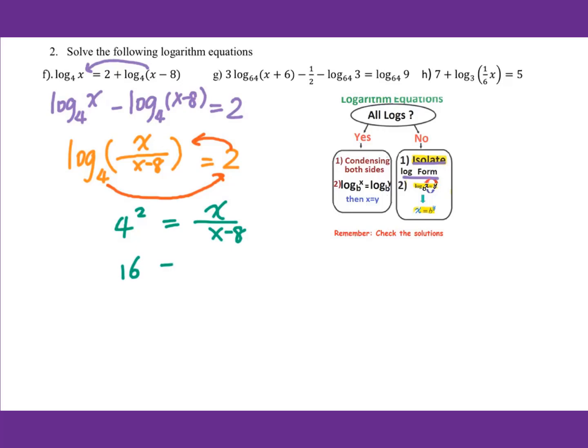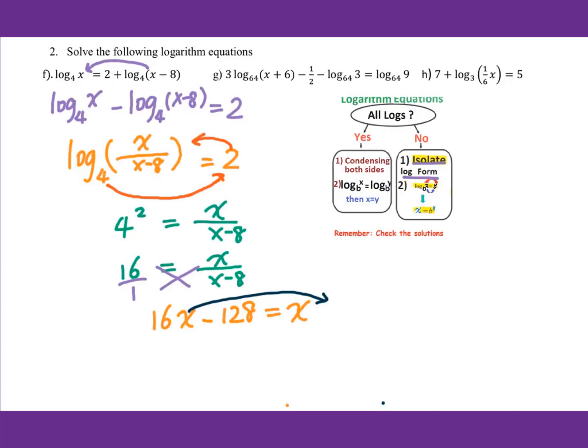So you got 16 equals x over (x minus 8) over 1, cross multiply. You will get 16x minus 128 equals x. So isolate the x on one side.